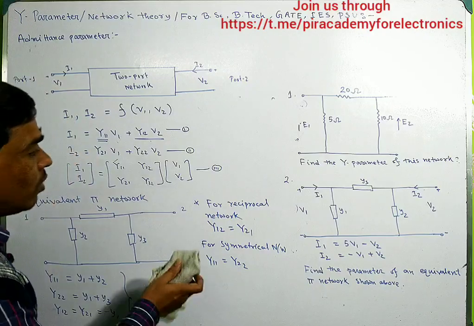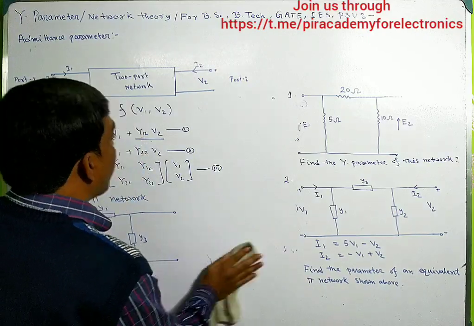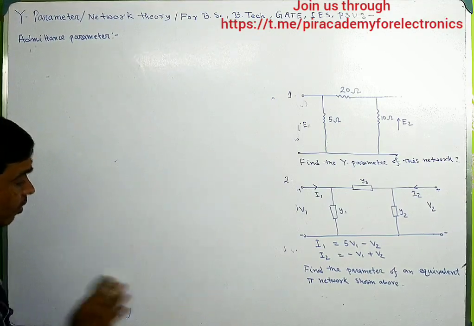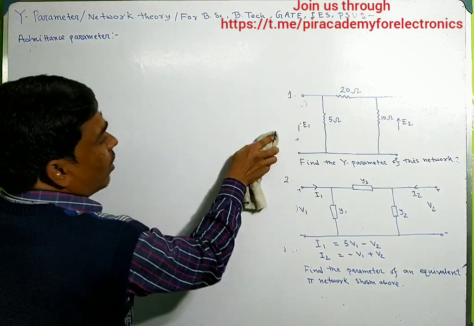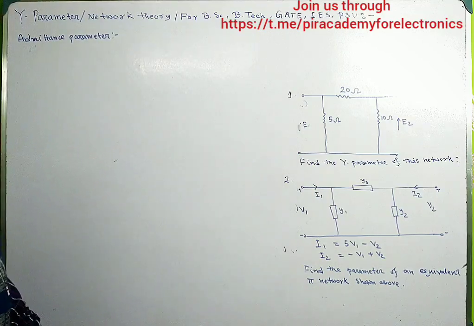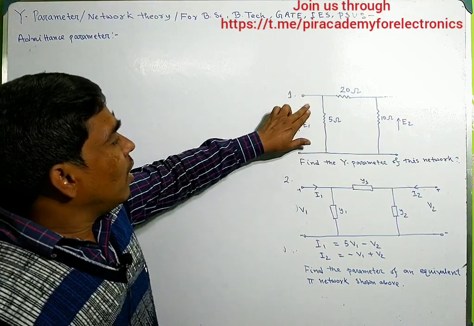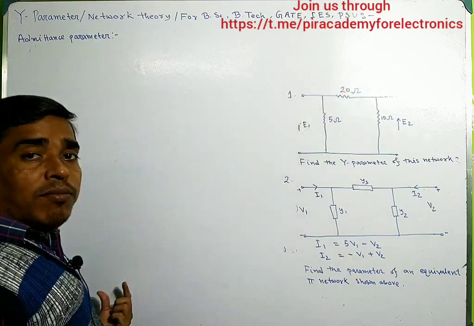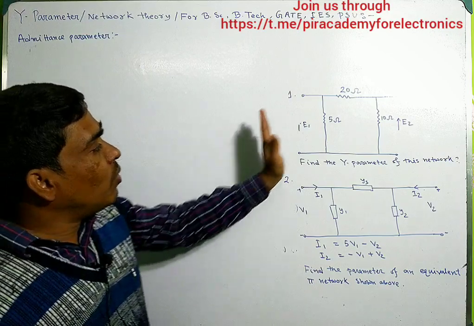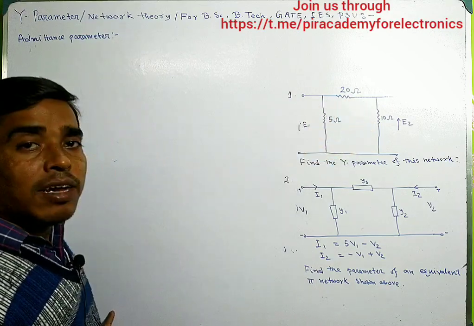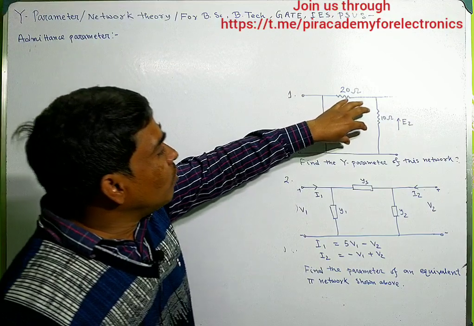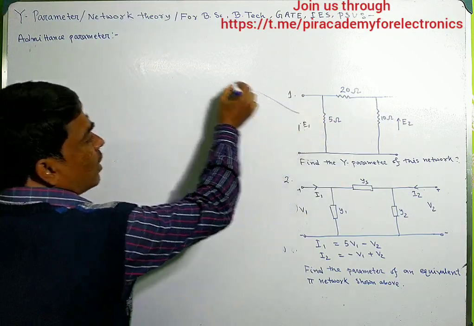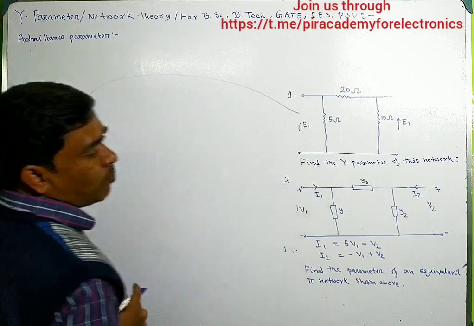Okay, now we will solve these two problems. Here you see, this is a pi network. I have already discussed here what the formula will be. So using the formula of pi network we can calculate the y parameter.